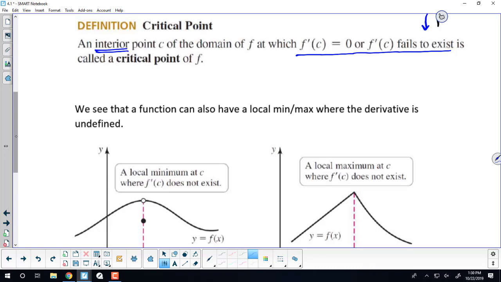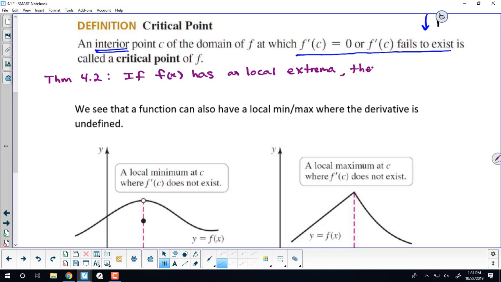So basically, theorem 4.2, we can sort of recast that and say that if f of x has a local extreme value, then they occur at the critical points.